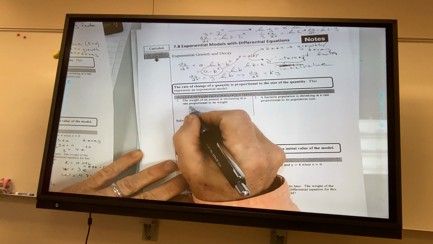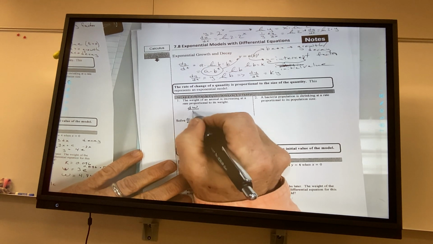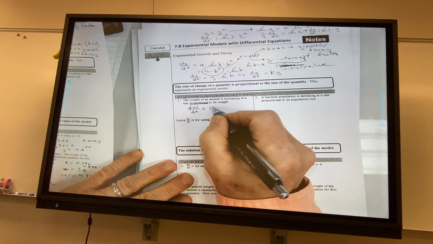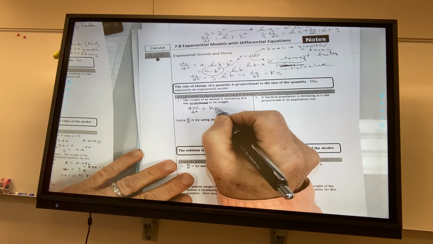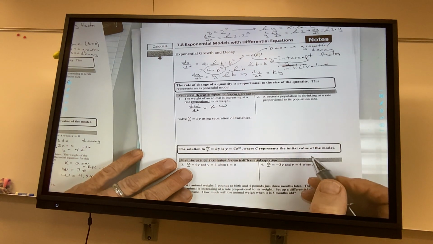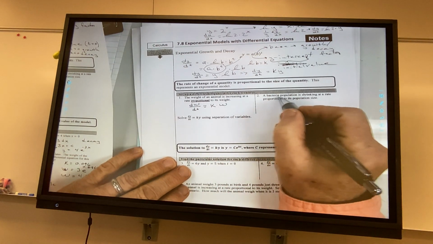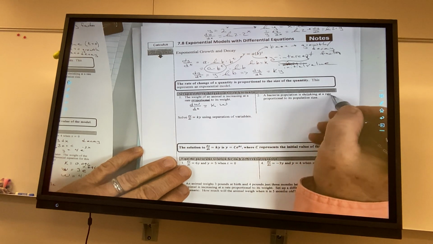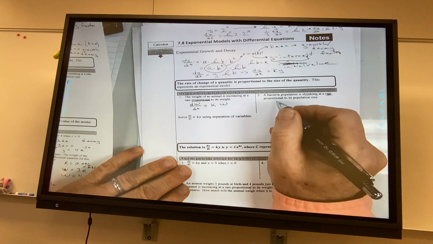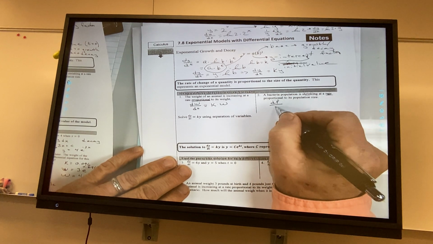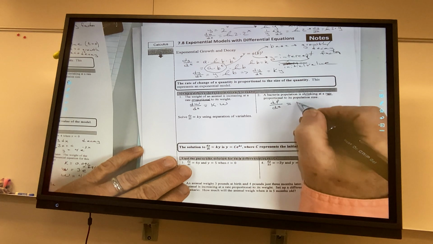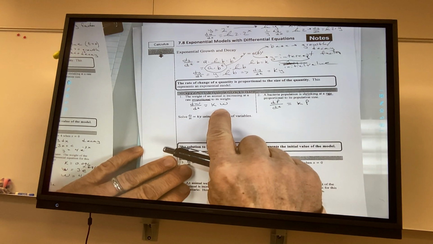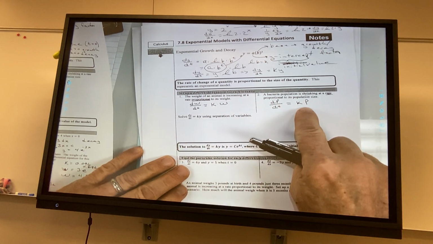So I have a rate, dw dt, and it's proportional, so I got my k value times my weight. Right here I have a bacteria population shrinking at a rate proportional, so I have dp over dt, proportional to the population size. So this will be an exponential function, this will be an exponential function.